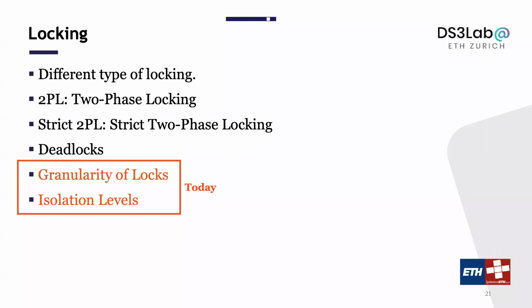But in reality, a database is a complex system. You have tables, each table has rows, and each row has column attributes. So there are different granularities of objects inside a database. How can we accommodate that by introducing granularity for locks? That is one question we want to understand. The second question is that there are different isolation levels, so we are going to look a little bit at what to do there.